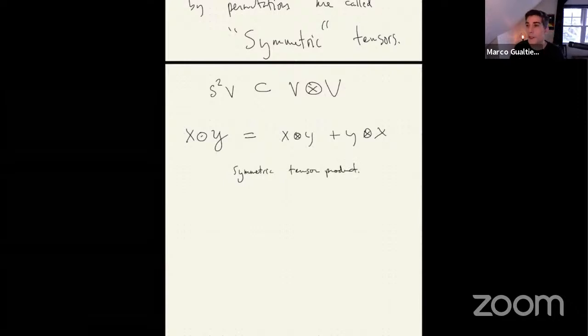And then this will be commutative. So this is a trick that you can use to produce a commutative product. The thing is that the symmetric tensor product will be different from the tensor product, as you can see, because of this equation.